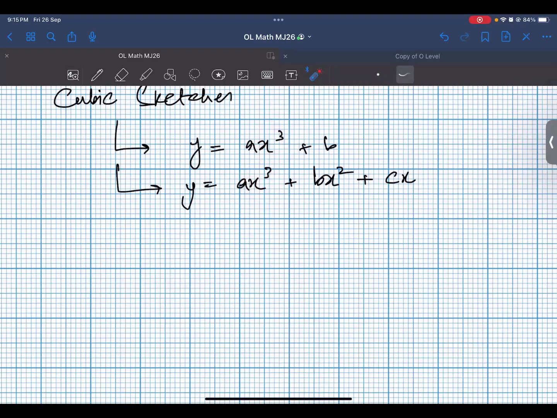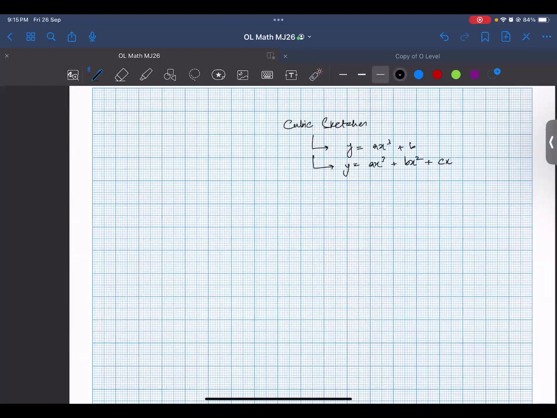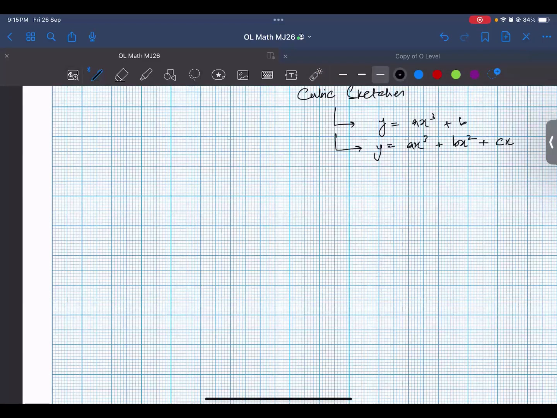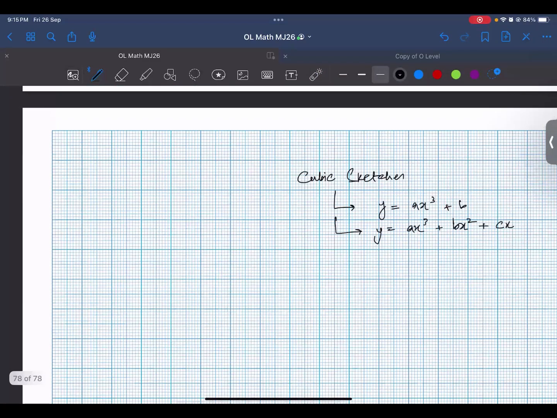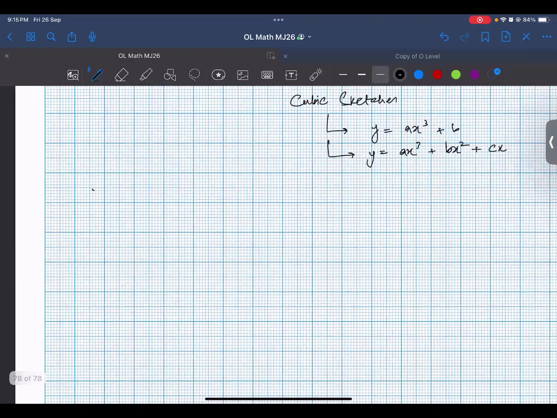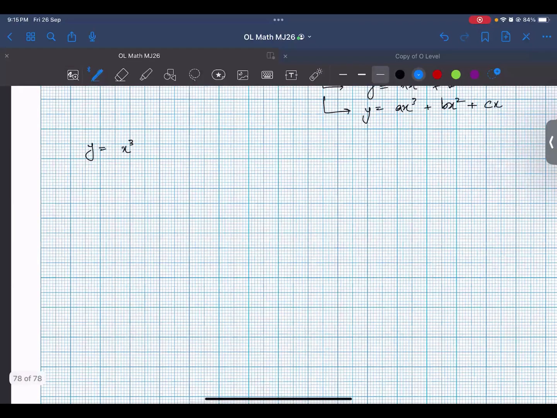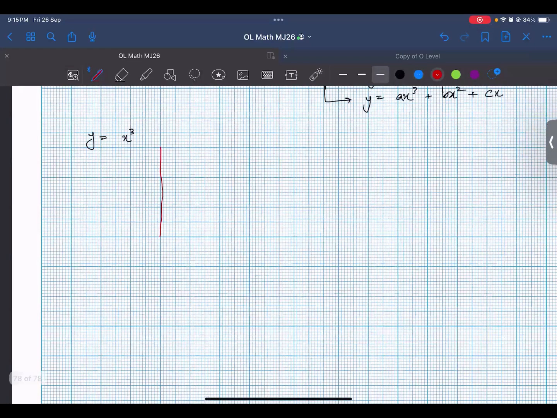So first of all, like all of the equations that we did previously, we first learn the most basic one. The most basic one of a cubic graph is y equals x cube. The graph goes on like this. It's unlike linear and not even like the quadratic.